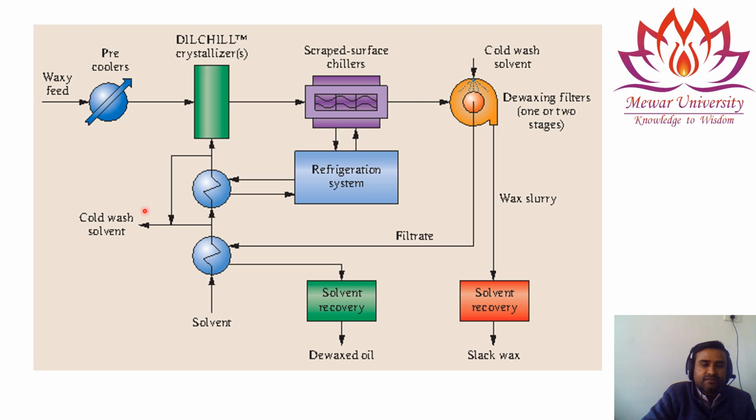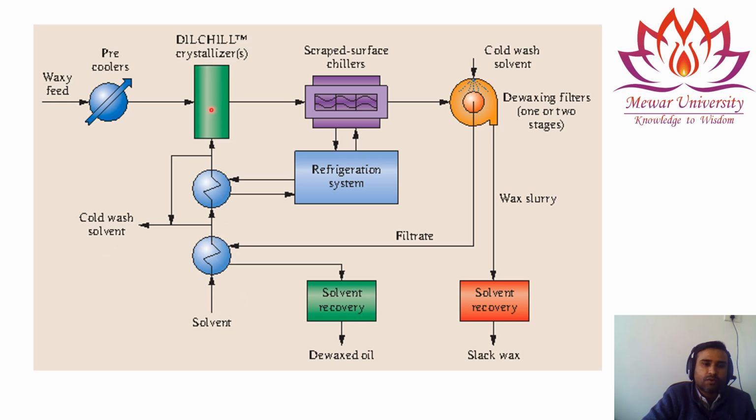Next we have a schematic diagram of the dewaxing process in the refinery, showing how dewaxing is done. You see from here the pre-cooled waxy feed is coming into the crystallizer. Here the wax is crystallized. Then we send it for the cold wash.